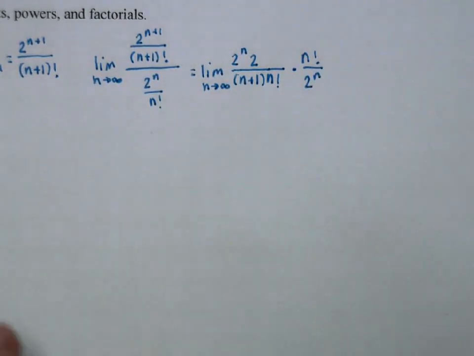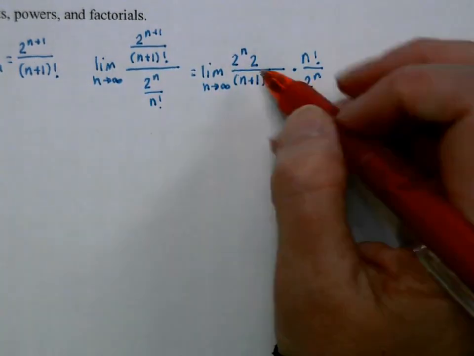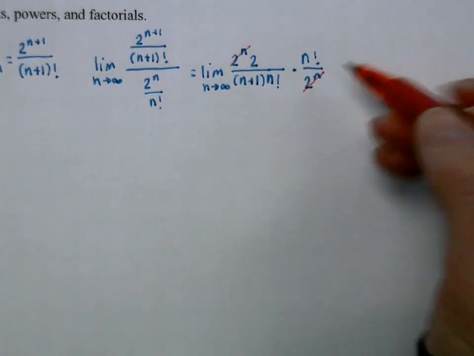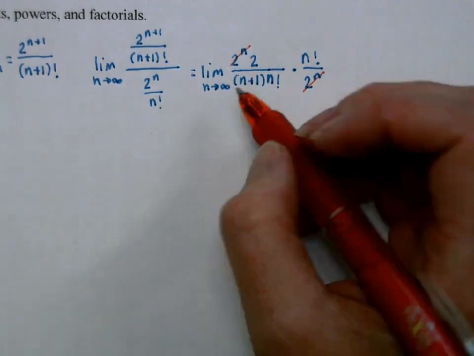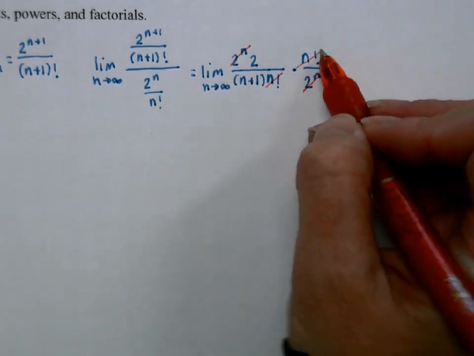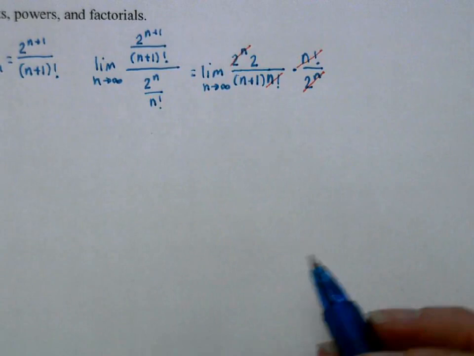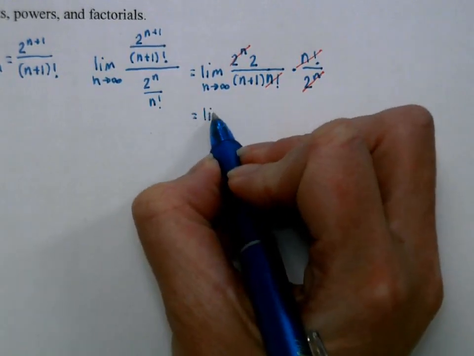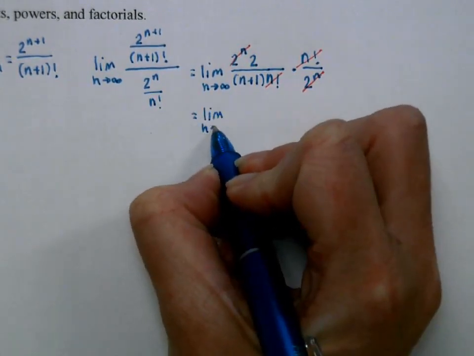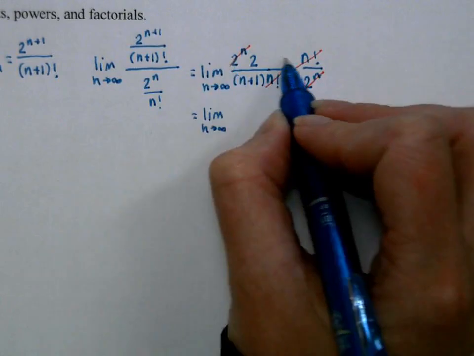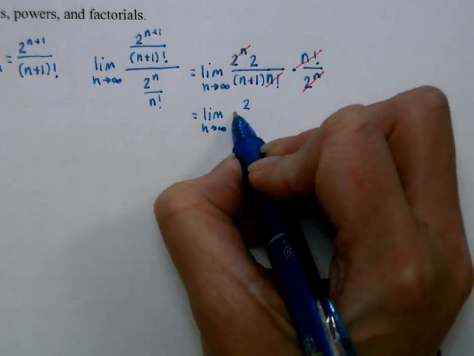So you can probably see why exponentials and factorials work really well with this test. The 2 to the n's are going to cancel, and the n factorials are going to cancel. So all that's left in the numerator is 2.